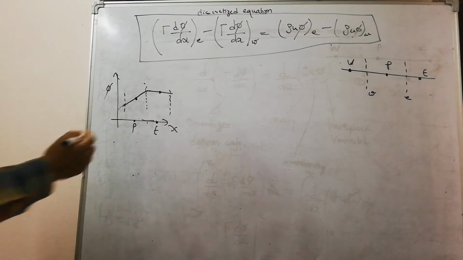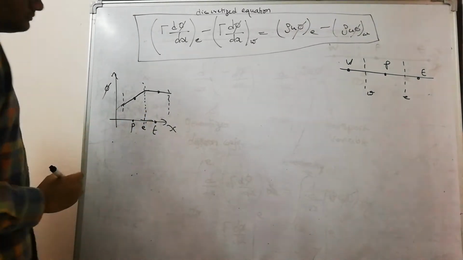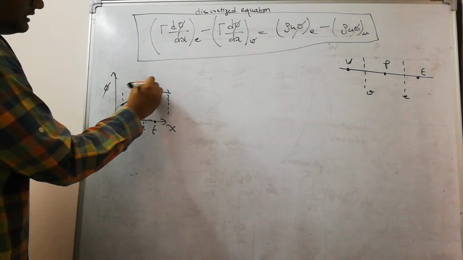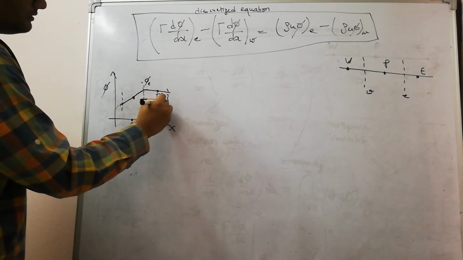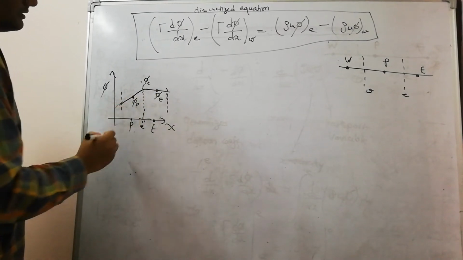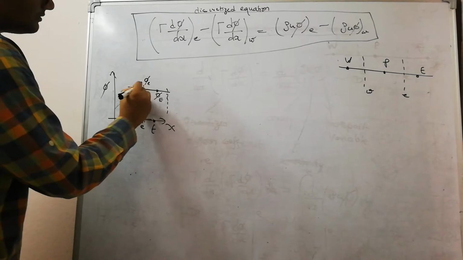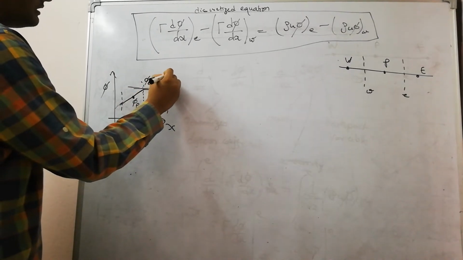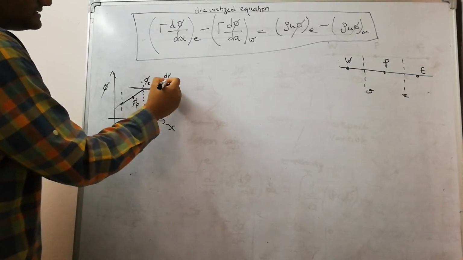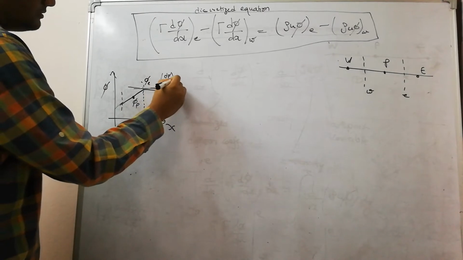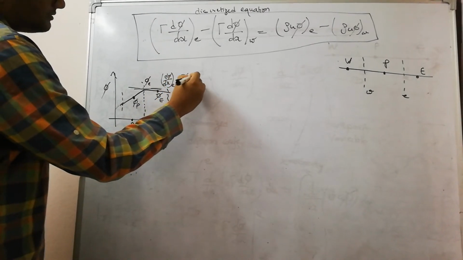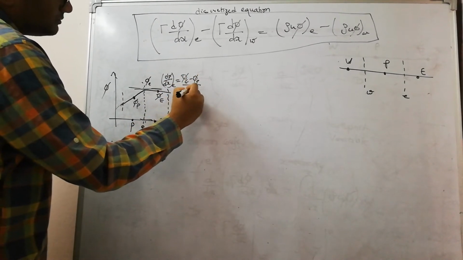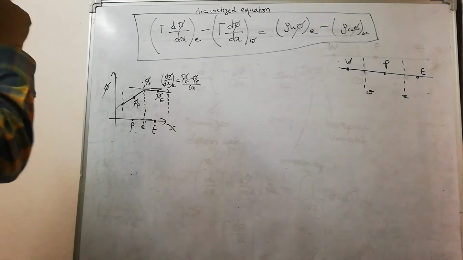But if I want to get the value phi e here, say I know phi e and phi p. In the last class, to get d phi by dx at e, I applied y2 minus y1 by x2 minus x1, the distance between these two points.